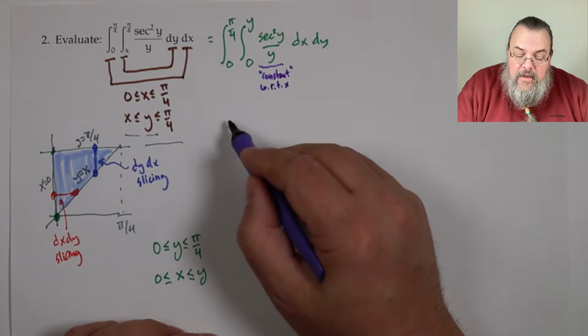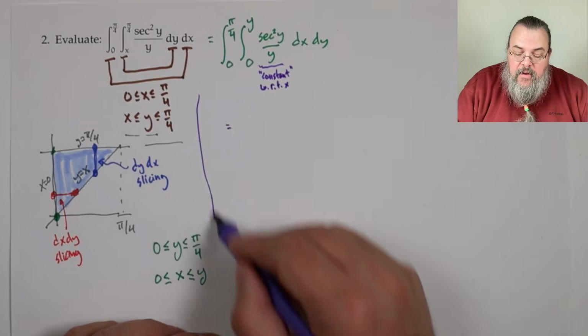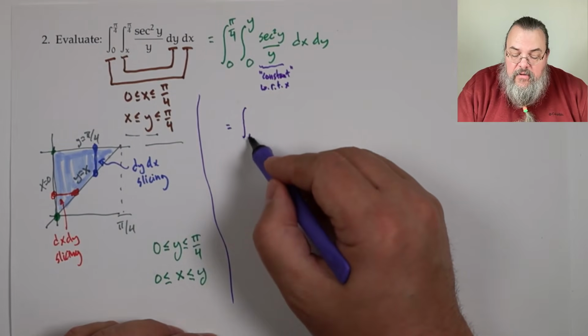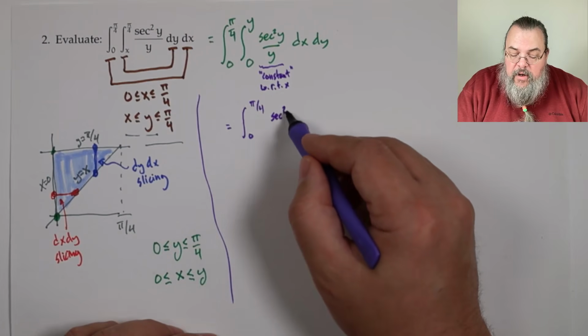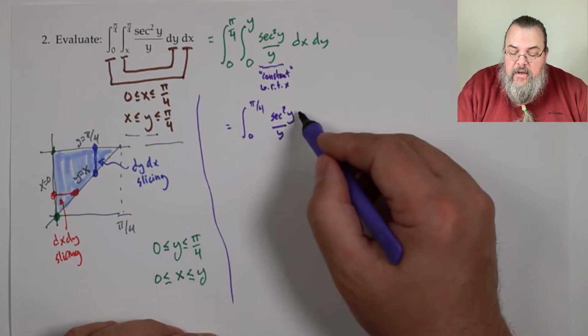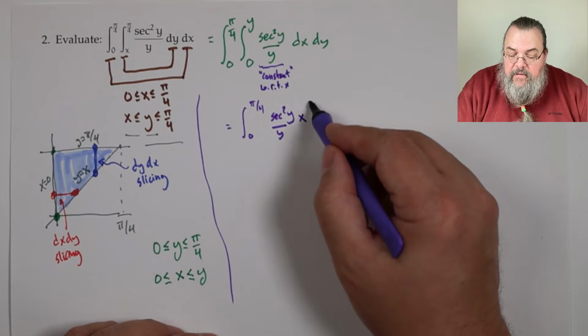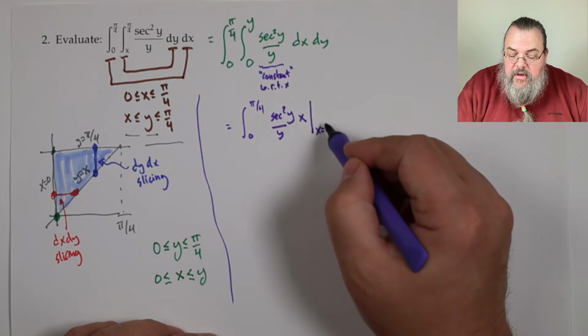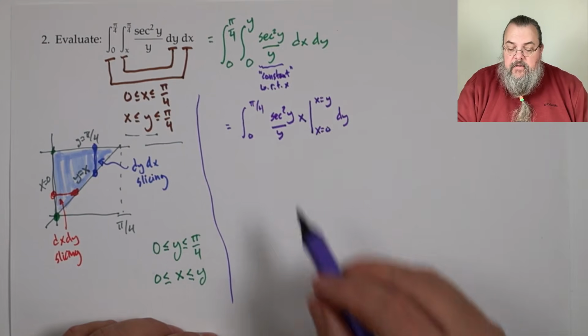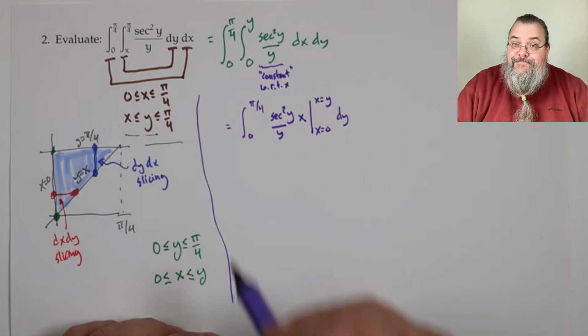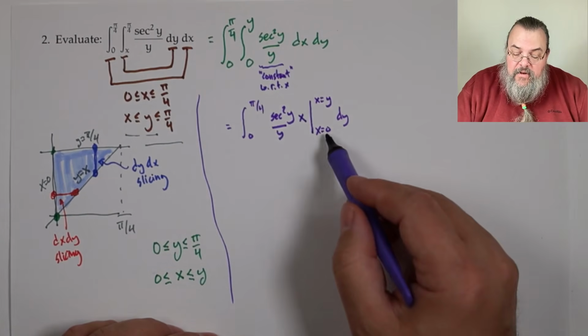So what do we get? Well, this becomes the integral 0 to pi over 4 of secant squared y over y times x, evaluated from x equals 0 to x equals y. Right? Because these are x bounds. Now, when you plug in 0, you get 0.